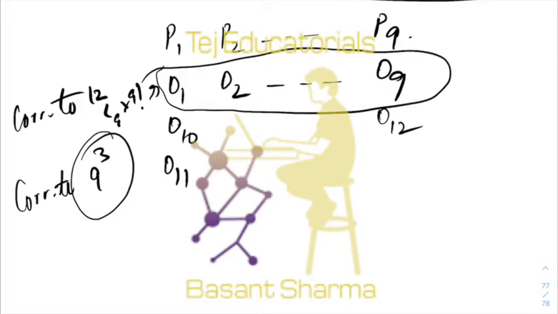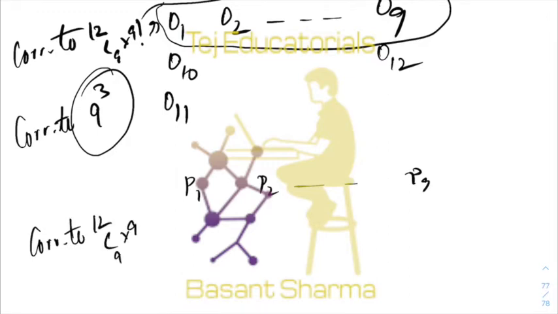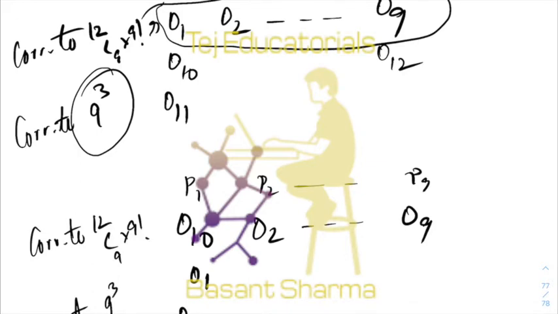Now you could also have the following scenario: corresponding to 12C9 into 9 factorial, you would have O10 here, O2 here, and so on till O9 here. And for the remaining 3 objects, suppose O1 and O11 appeared here, and O12 goes somewhere.